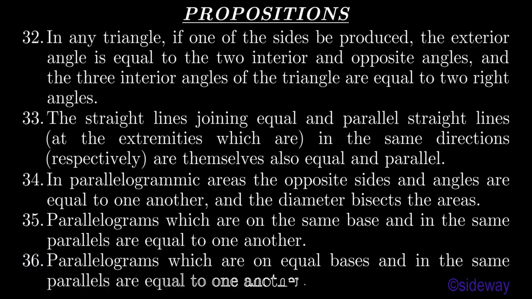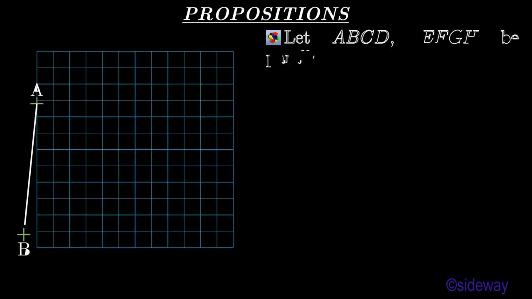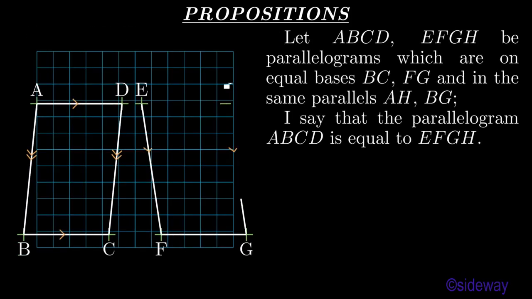Proposition 36. Parallelograms which are on equal bases and in the same parallels are equal to one another. Let ABCD, EFGH be parallelograms which are on equal bases BC, FG and in the same parallels AH, BG.